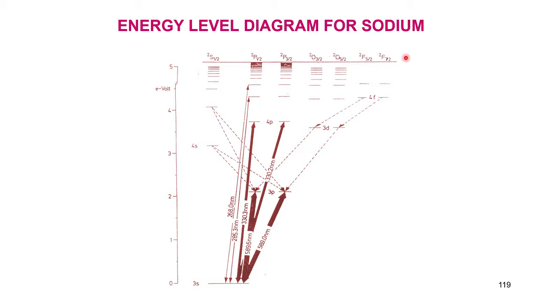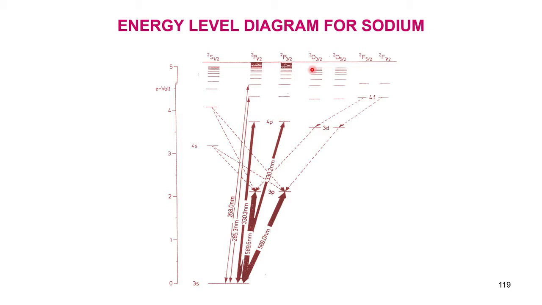So, what are these energy levels? That is 2S 1/2, 2P 1/2, 2P 3/2, 2D 3/2, 2D 5/2, 2F 5/2, 2F 7/2, like that. These are the energy levels.